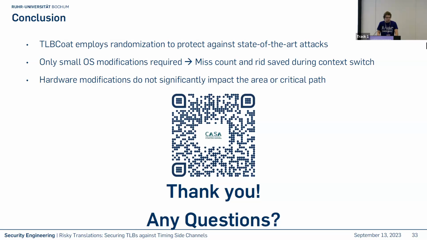So you would have to also protect against cache attacks. But for TLBs, it would significantly lower the software countermeasures, because the operating system, or basically the hardware, handles all the things for the TLB, so you don't have to worry anymore about the translations.